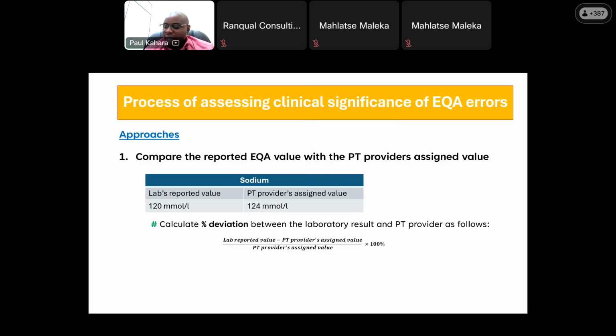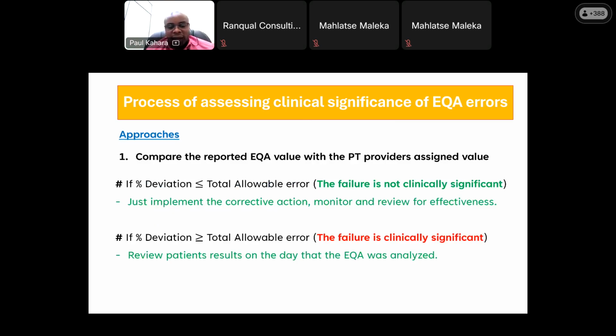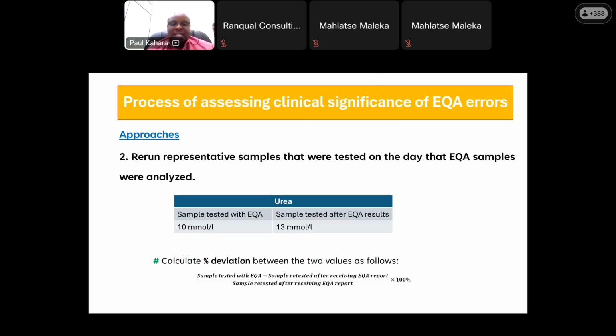We need to ask ourselves how far we are from this range to say that our values are something we need to really worry about. So you can calculate your percentage difference and compare that with the total allowable error. If it is above, we say that error is clinically significant. If it is below, we say it is not necessarily clinically significant.